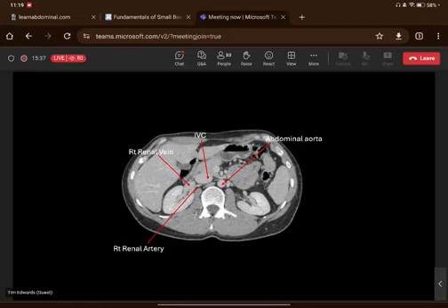Again, you can see more to the left side and smaller in caliber, the abdominal aorta, the inferior vena cava, and then you can see that the right renal vein courses anteriorly and has a larger caliber than the right renal artery, and as we mentioned before, has a short course to drain into the inferior vena cava.